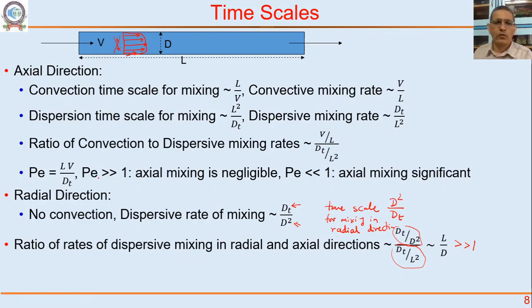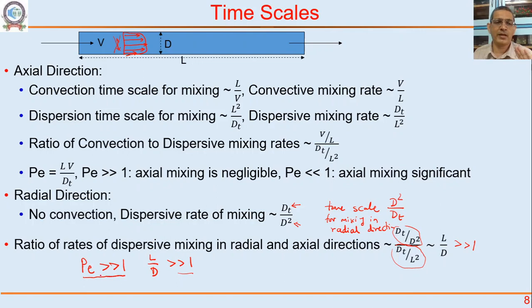So when we say plug flow, what we mean is that Peclet number should be far greater than 1, and L by d should be far greater than 1. Peclet number far greater than 1 will ensure that there is no axial mixing. L by d far greater than 1 will ensure that radial mixing is very rapid. Right?